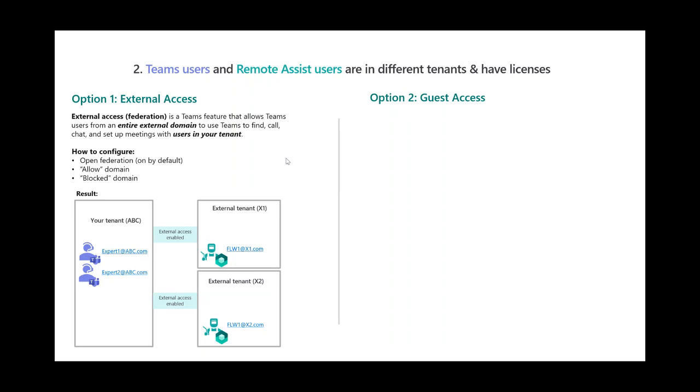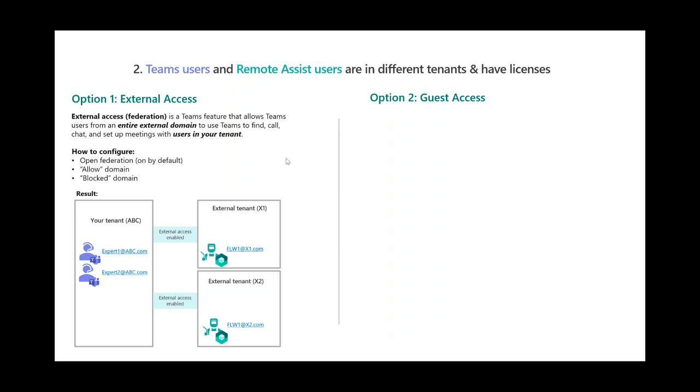There are three ways to enable external access. One, your tenant can have Open Federation on, which is on by default. Or two, a tenant can specify which other tenants they want to have on their allow list. Or three, a tenant can specify what tenants they want to have on their blocked tenant list.